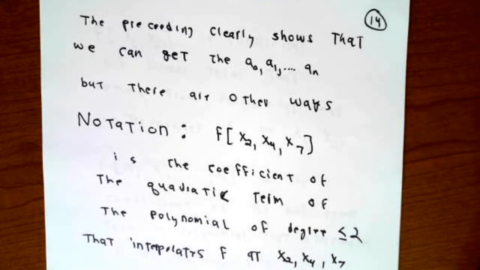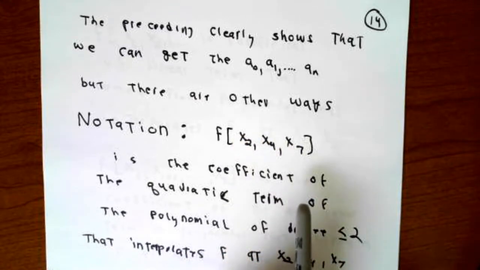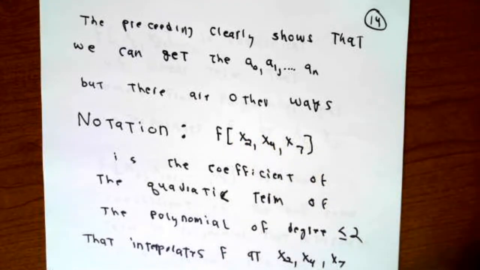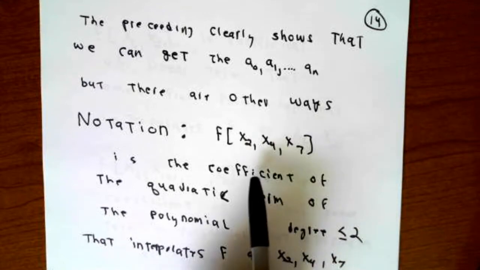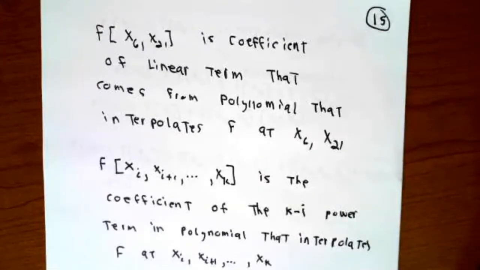We're going to adopt a new notation, though. I'm going to write f bracket x2, x4, x7 to be the coefficient of the quadratic term in the polynomial of degree no more than 2 that interpolates at the stated x values at x2, x4, and x7.